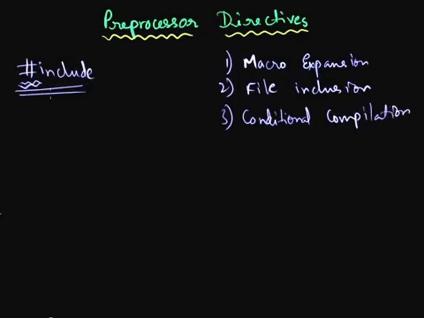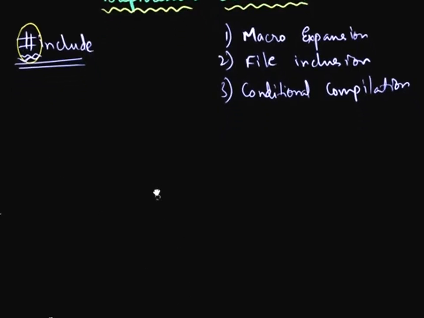So the preprocessor expands wherever it finds the preprocessor directive. It expands this directive into some form of code. Right? So to understand the preprocessor or the preprocessor directives, one must understand the compilation process.